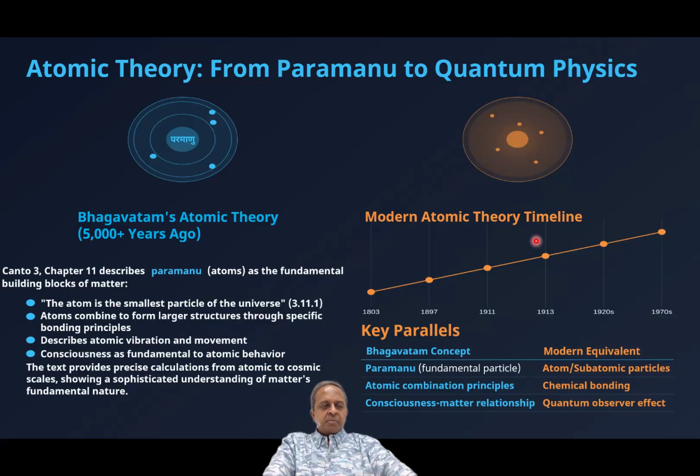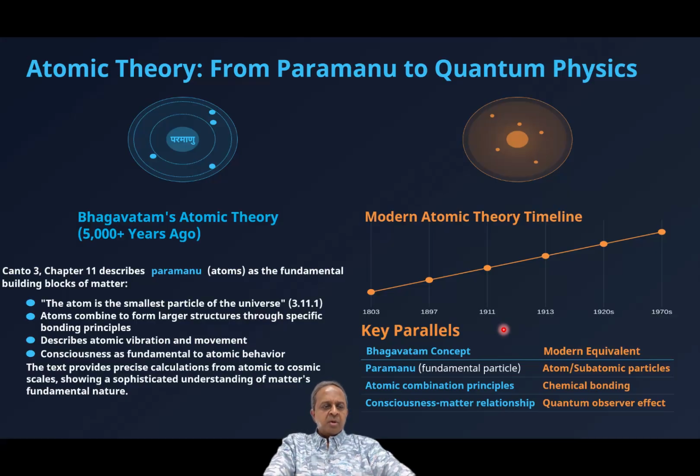The parallels between Bhagavatam descriptions and quantum physics are extraordinary. The text describes atomic vibrations and movement in ways that anticipate wave-particle duality. It explains how particles can exist in multiple states simultaneously, similar to quantum superposition.